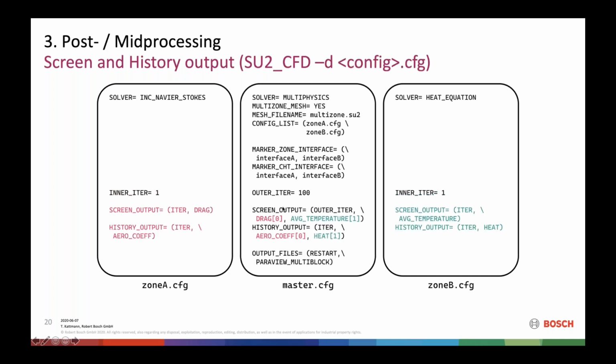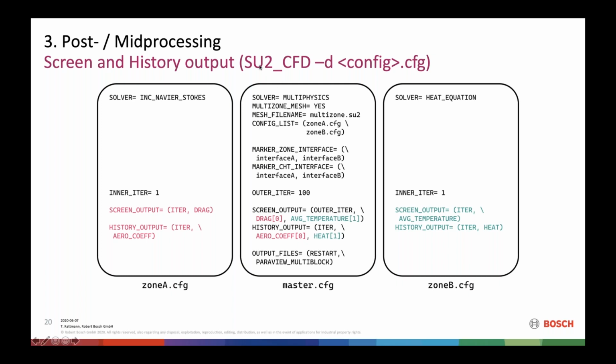That's really simple. We just add the zone number in square brackets behind the name. And that, of course, only applies to options that are zone specific. Something like outer iter is the same for both zones, so it does not get the zone ID.